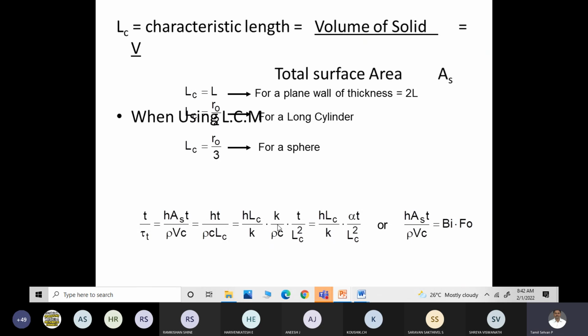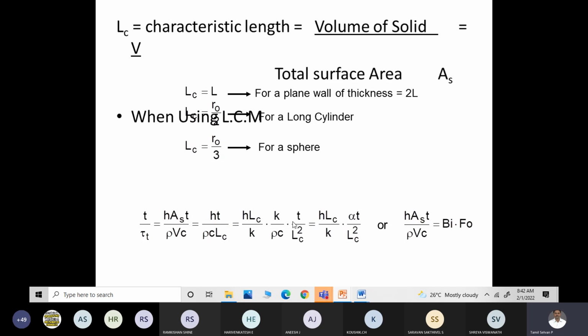Alpha is nothing but k divided by rho C, thermal conductivity divided by density into specific heat capacity, which we have already discussed. That is nothing but thermal diffusivity. The thermal diffusivity gives us an idea about how fast the heat diffuses into a solid. This k by rho C is replaced by alpha.